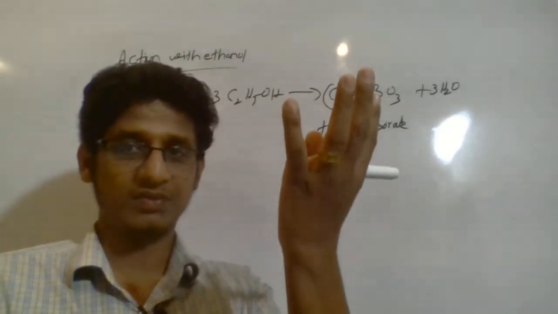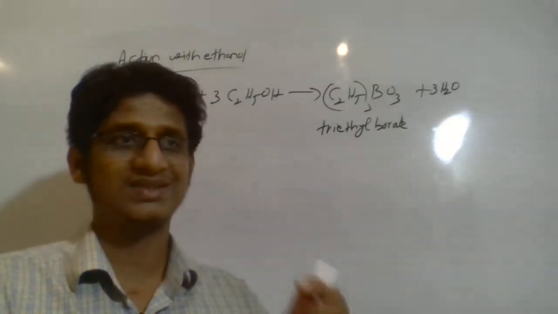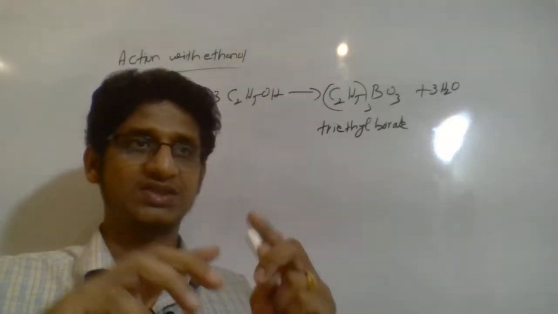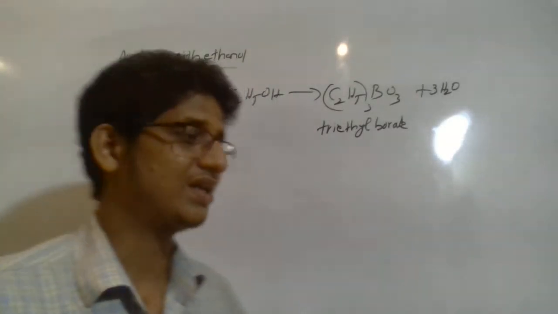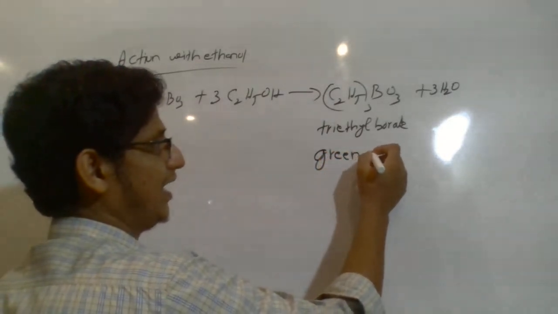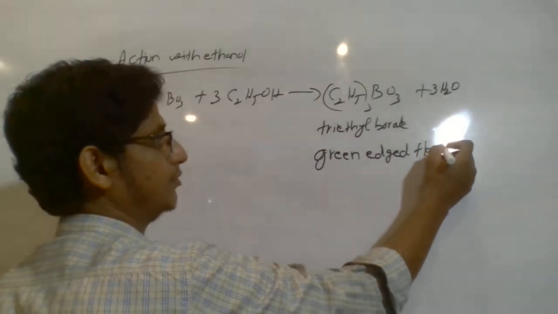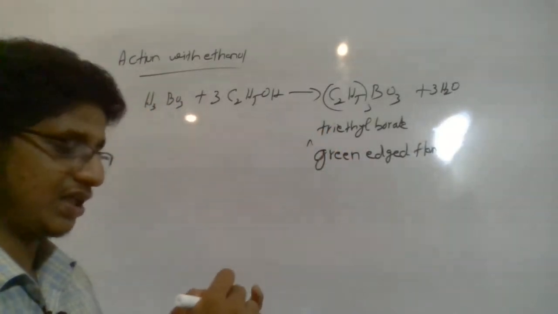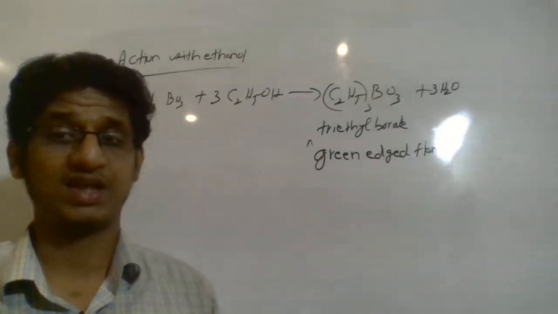When those vapors come out of the test tube, you show them to a non-luminous flame. You can see the edge of the flame burns with a green color. We call it a green edged flame. That tells you the compound contains borate as an anion.